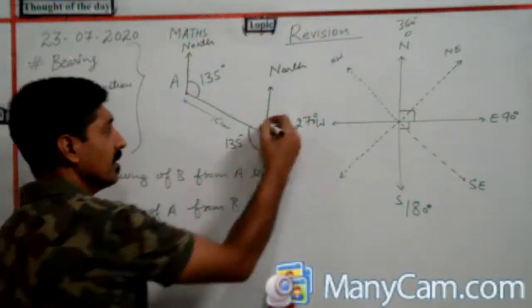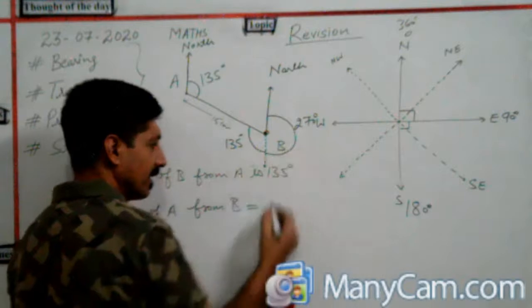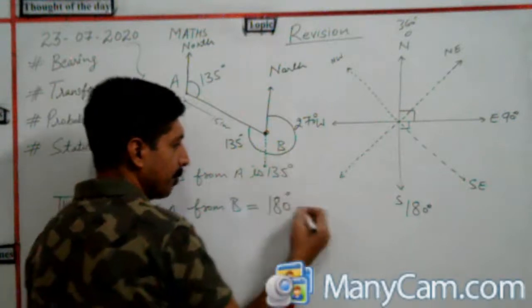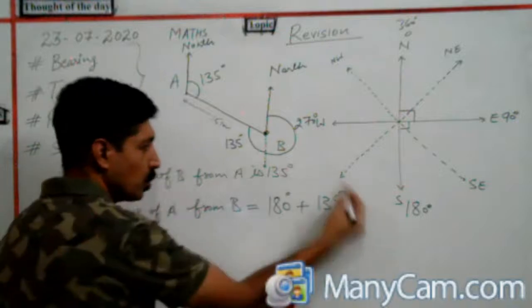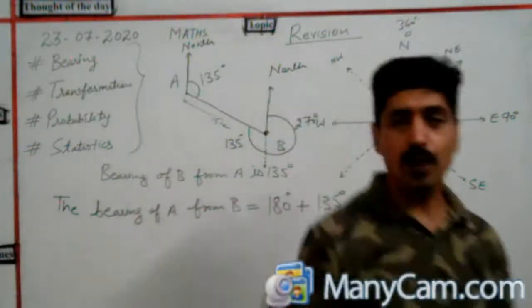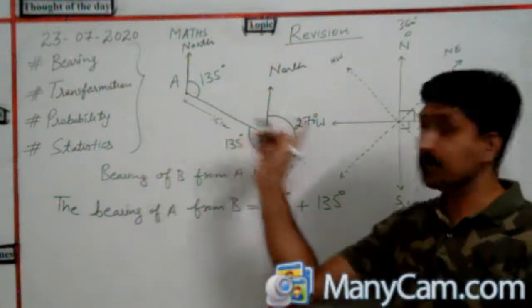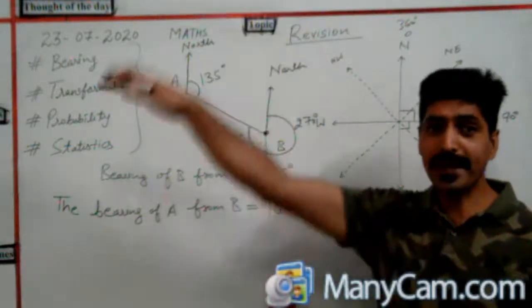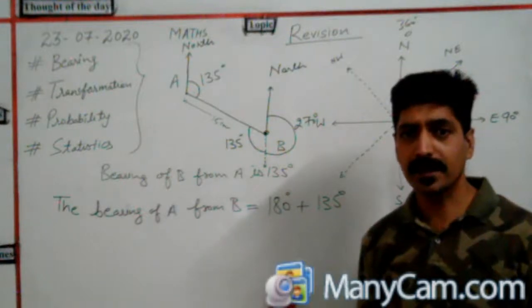So here from B, we are going 180 degrees plus 135. These are two different things. One is the bearing of B from A, that is 135, right?